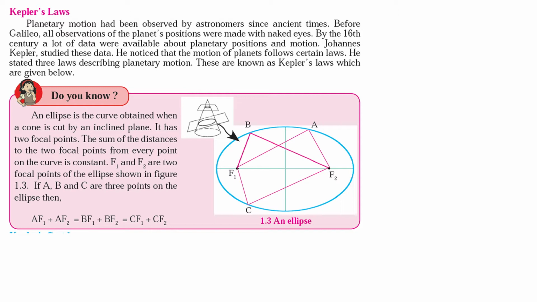By the 16th century, a lot of data was already available about planets' positions and their motions. Johannes Kepler studied this data. He noticed that the motion of the planets followed certain laws, and he stated 3 laws of planetary motion. These are known as Kepler's laws, and we are going to look into them in short.